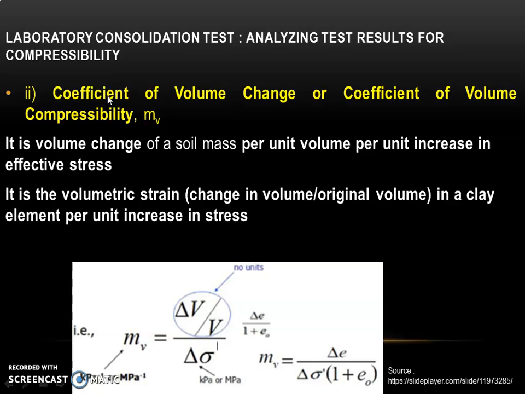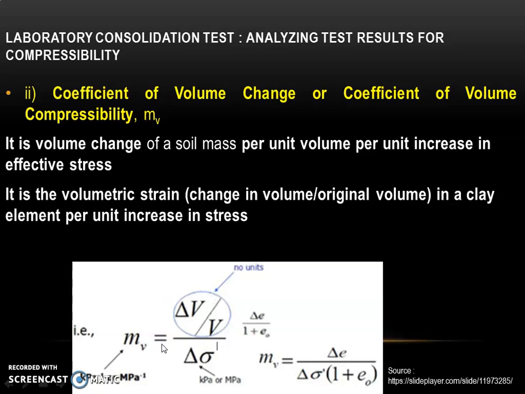Now we will find out how to get the value of coefficient of volume change, which is also referred to as coefficient of volume compressibility, and is denoted by MV. It is the volume change of soil mass per unit volume per unit increase in effective stress.